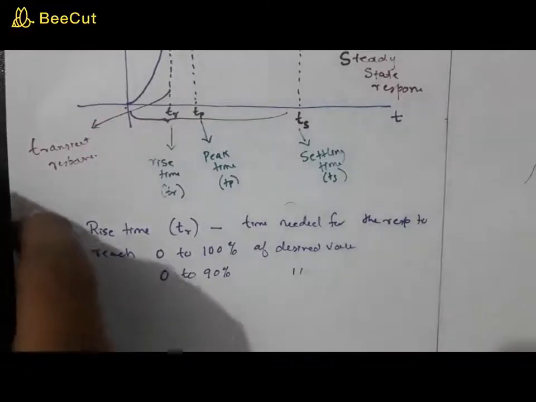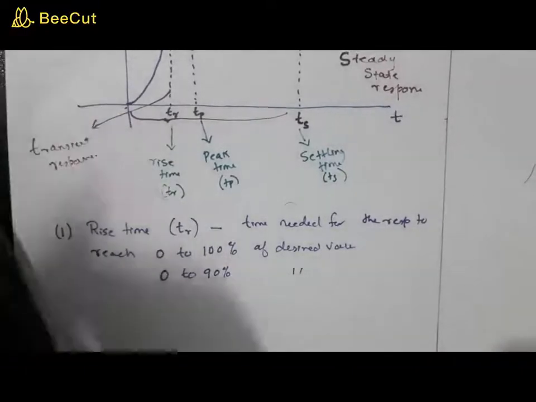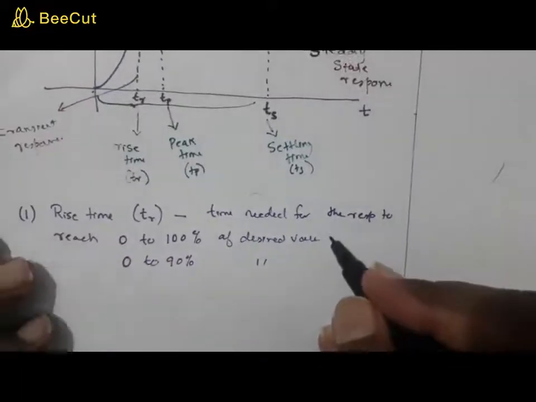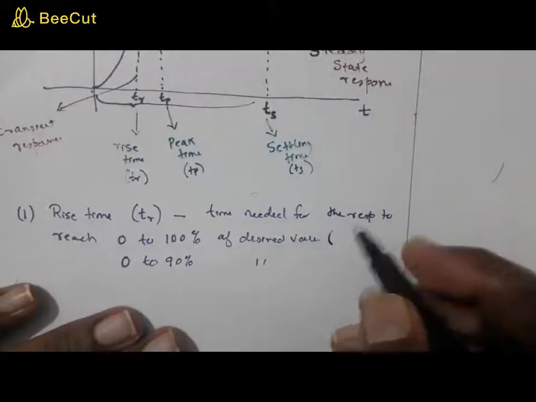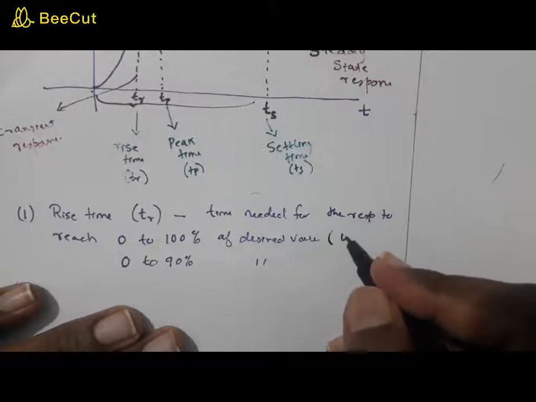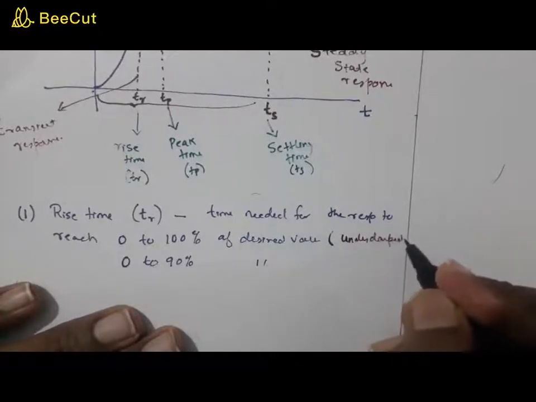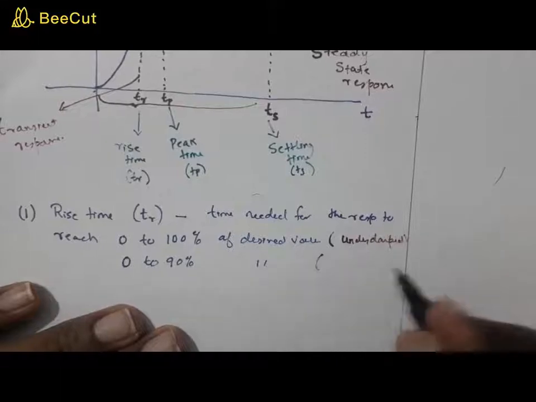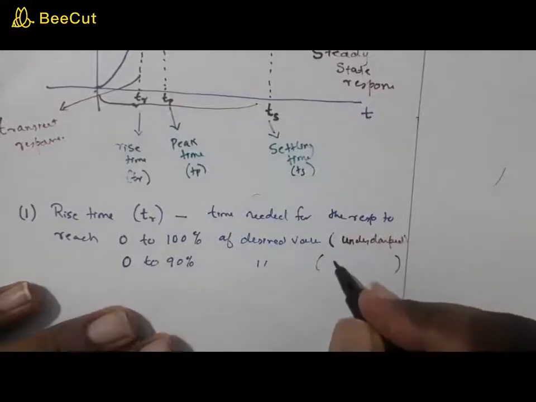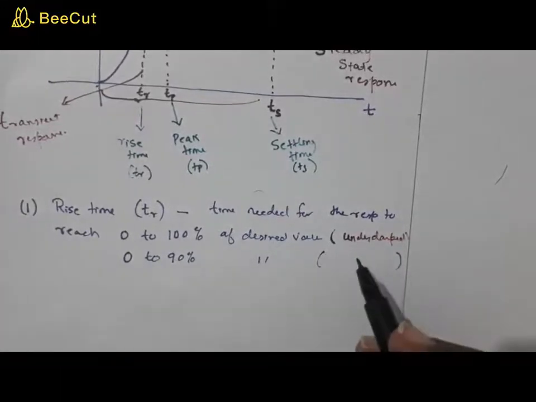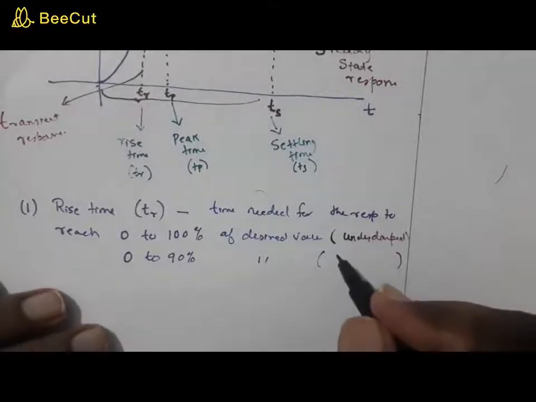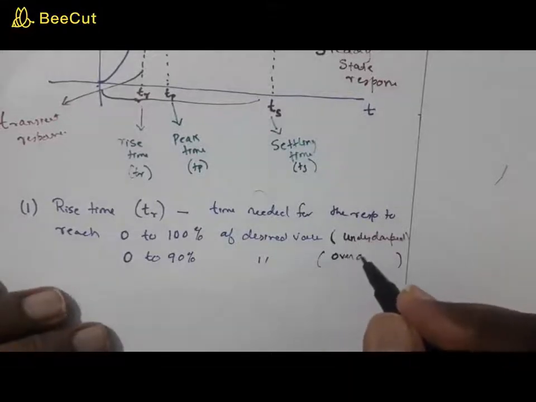Now, these are the definitions for two different systems. 0 to 100% of the desired value is defined for an underdamped system, while 0 to 90% is the definition for an overdamped system.